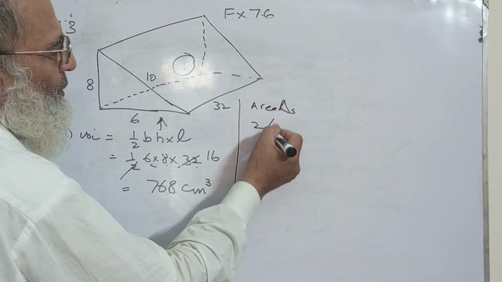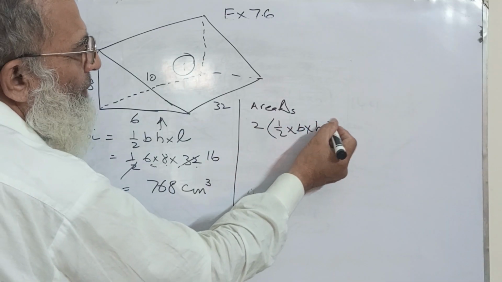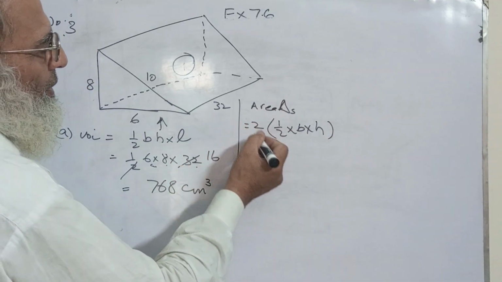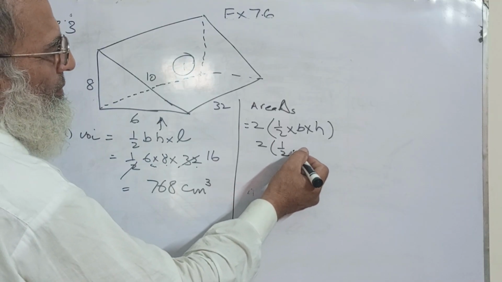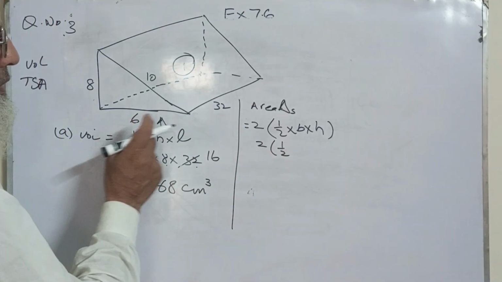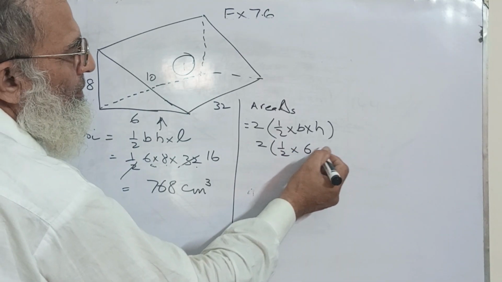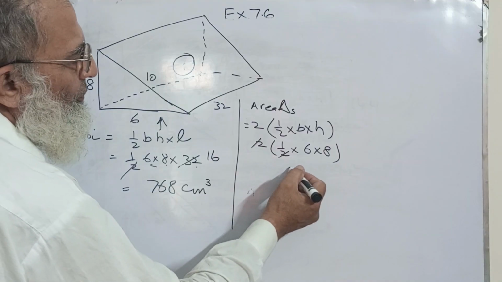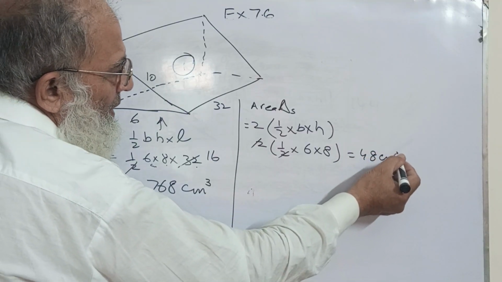Two triangles are two half base into height. So it will be 2 into half into base into height. This will cancel this, and it will be 48 centimeters here.